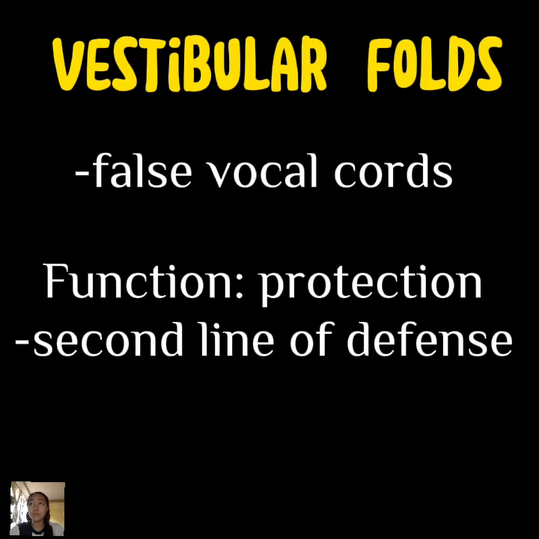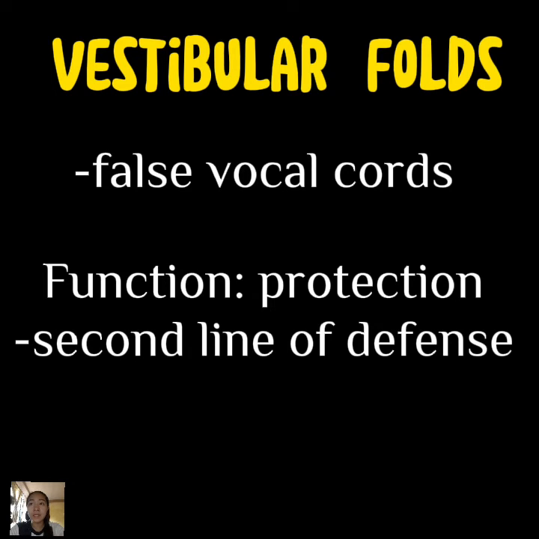We also have the vestibular folds, or what we call the false vocal cords. These are the superior of two pairs of ligaments stretched across the lateral portion of the larynx cavity.